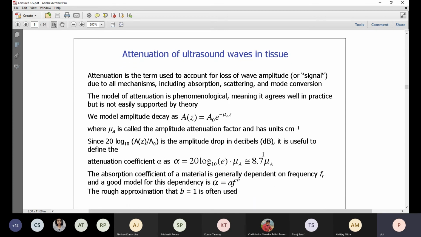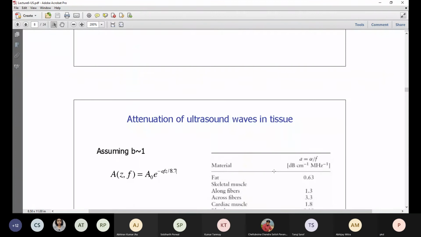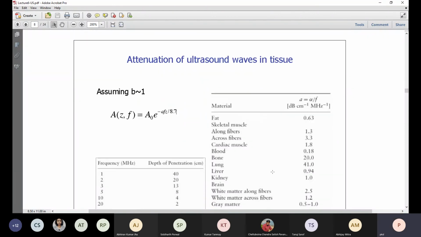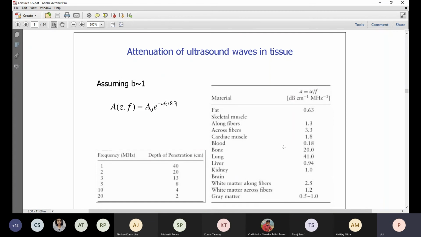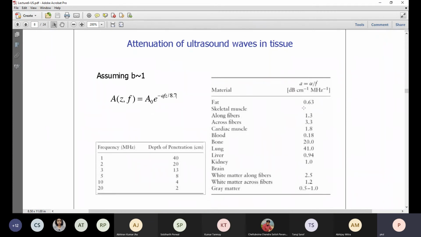We have also discussed the attenuation coefficient, the amplitude attenuation coefficient and the energy attenuation coefficient. Now the attenuation coefficients of ultrasound waves are given here for various organs and materials inside the human body.